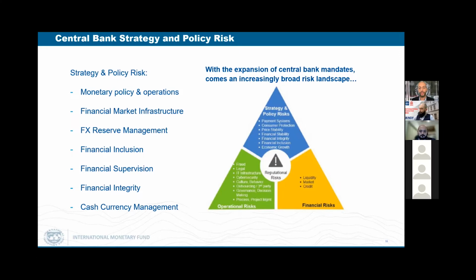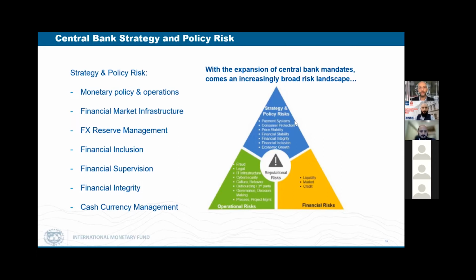With financial risks, very clearly, operational risks, the aspects that Majid also just discussed, and overall strategy and policy risk, which basically means the risk a central bank runs of not being able to perform according to its legal mandate, its strategy, its implementing its policies because of some of the inherent risk that is embedded in the way it operationalizes its strategy and its policy.